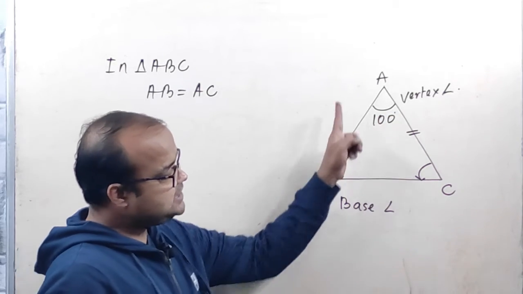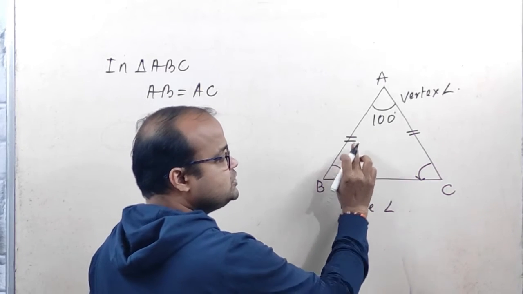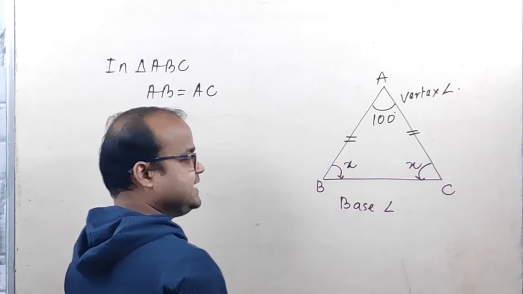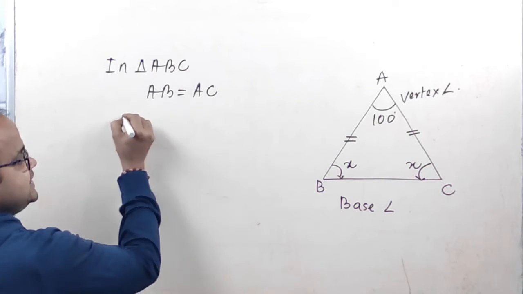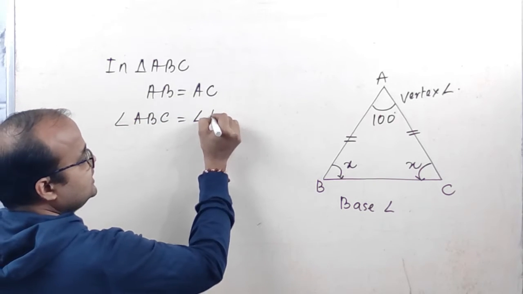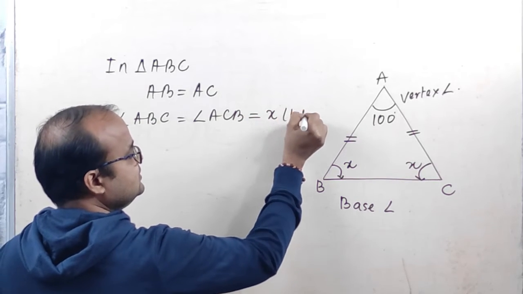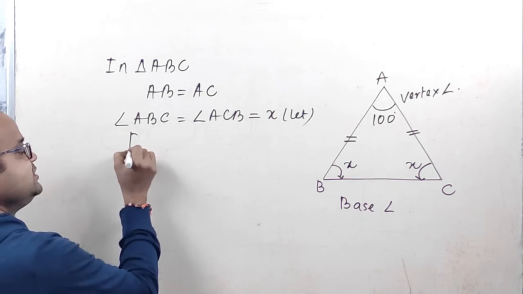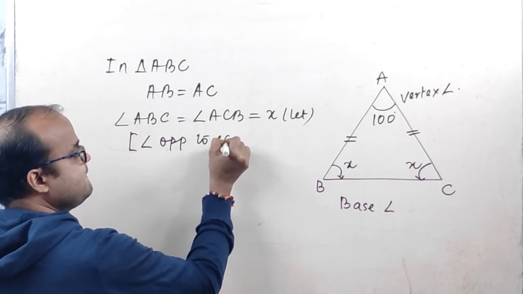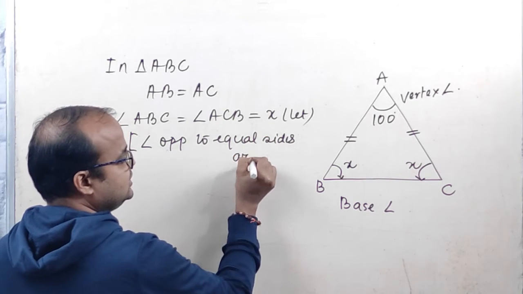Since AB equals AC, angles opposite to equal sides are equal, so we assume these two angles as X and X. So we say that angle ABC equals angle ACB equals X. And we give the reason that angles opposite to equal sides are equal.